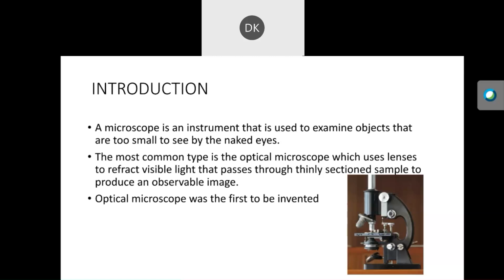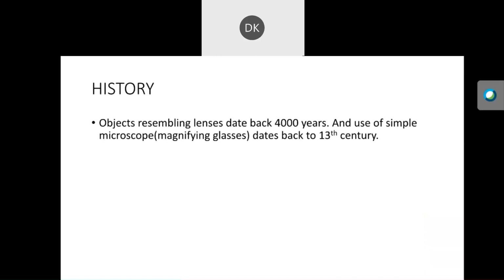It uses lenses to refract visible light that passes through a thinly sectioned sample to produce an observable image. The optical microscope was the first tool to be invented.